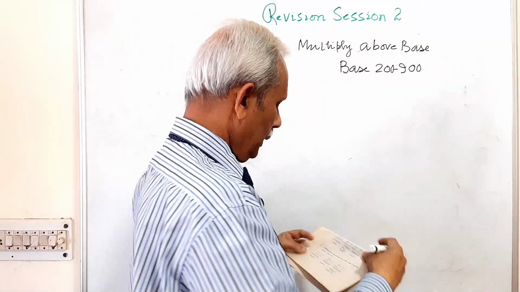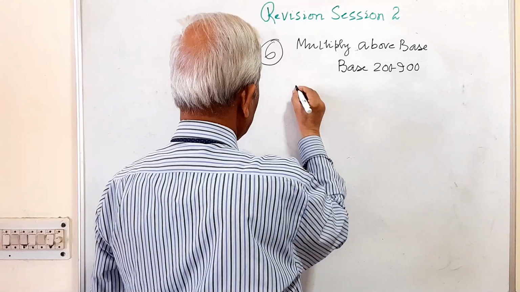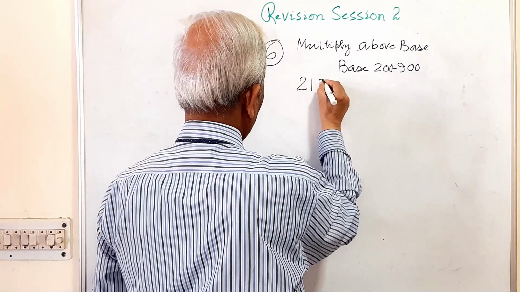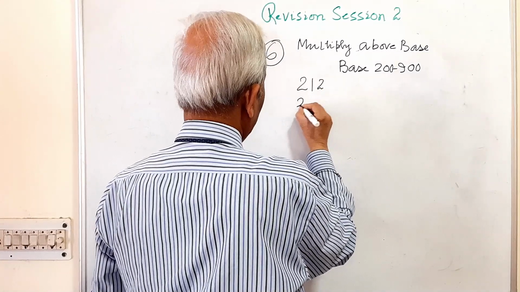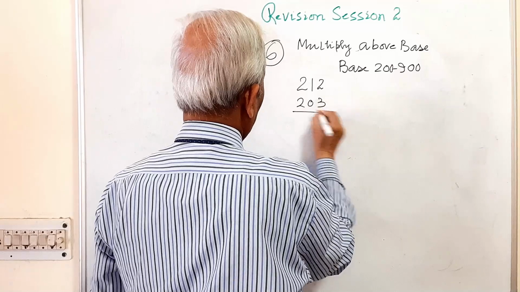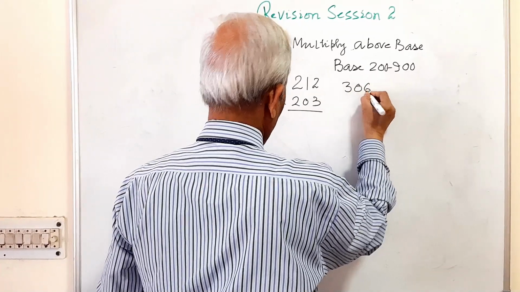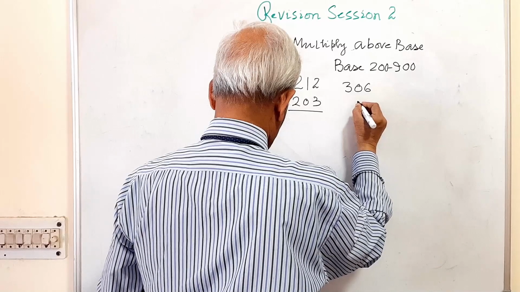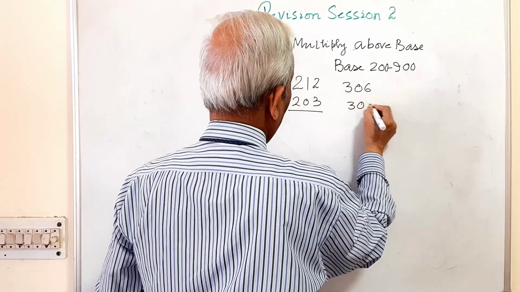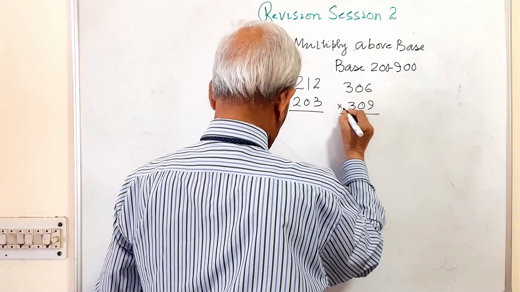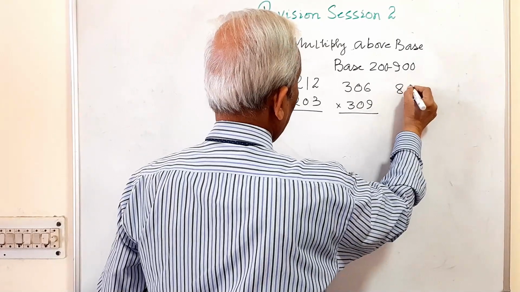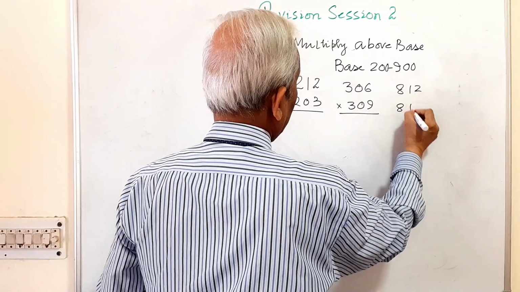I'll give you three questions: 212 into 203, 306 into 309, and 812 and 819.